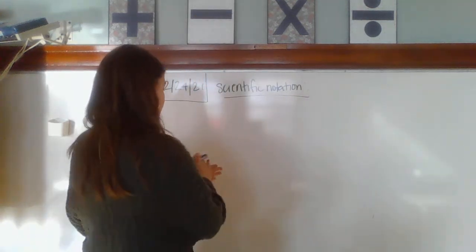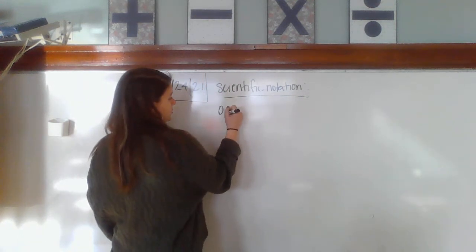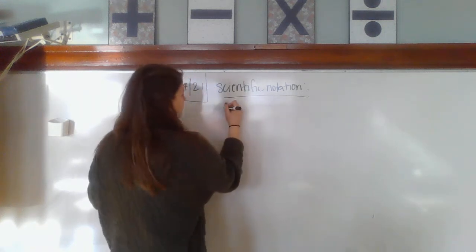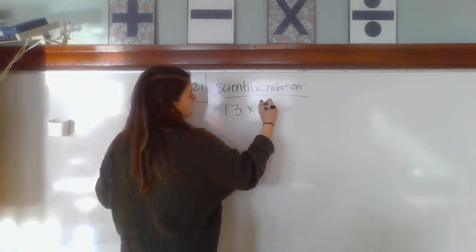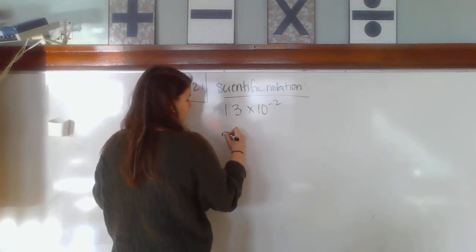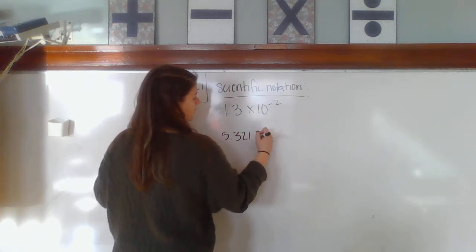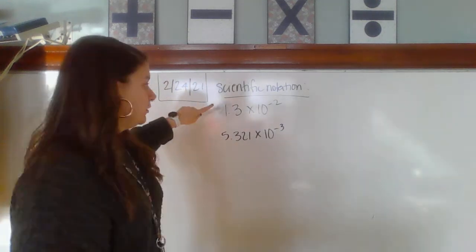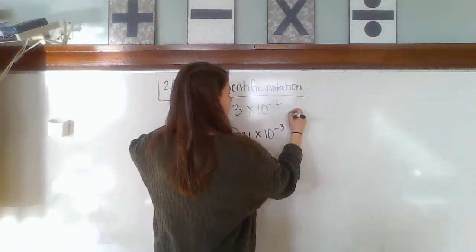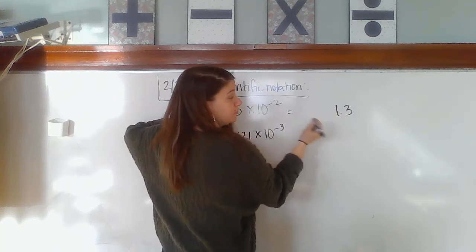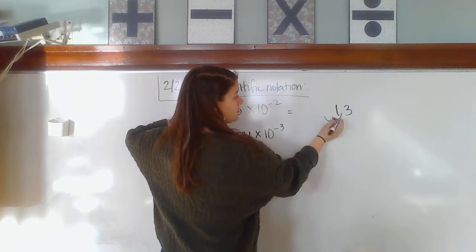So let's look at... no, oops, my bad. Scratch that. Let's do 1.3 times 10 to the negative second, and let's do 5.321 times 10 to the negative third. Okay? So 1.3 times 10 to the negative second. 1.3, it's negative 2, so I'm going to move it to the left 2 places.